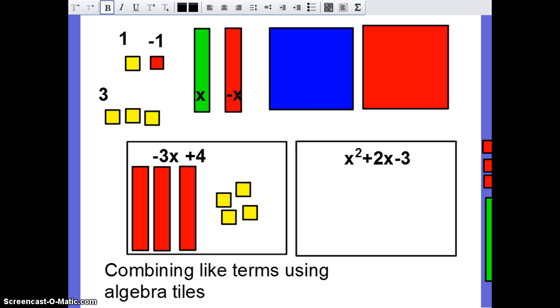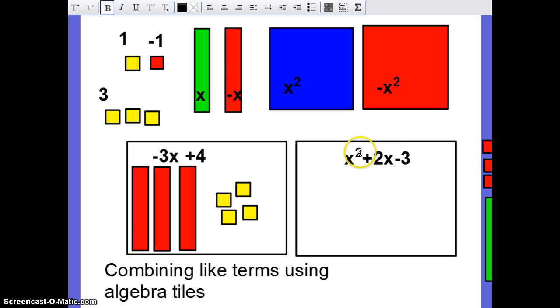And when we look at the area of a square, we know that that is x times x, or x to the second power. X squared is the area of the square, and x squared as a term in an expression is going to be represented by this big blue tile, and the red side is the negative x squared.